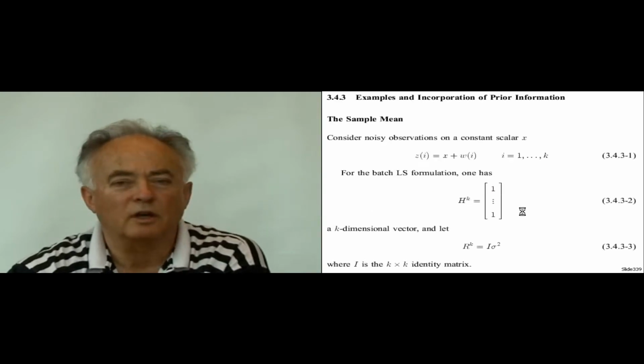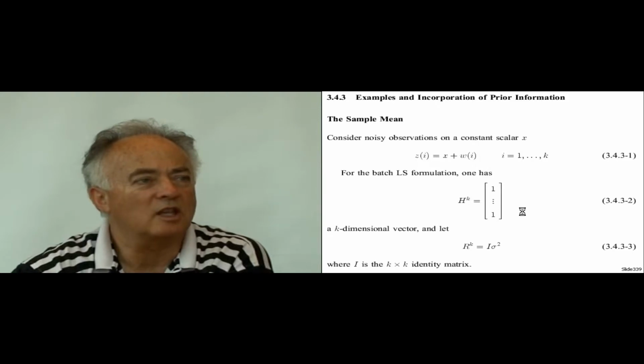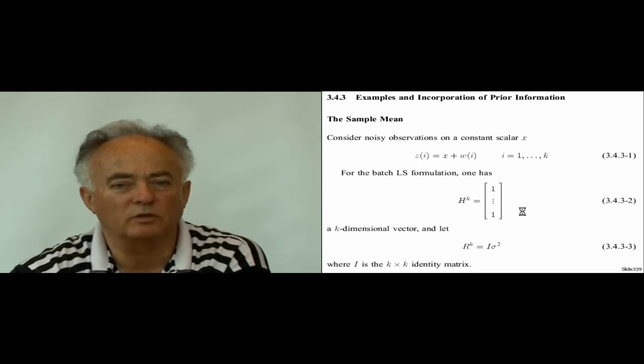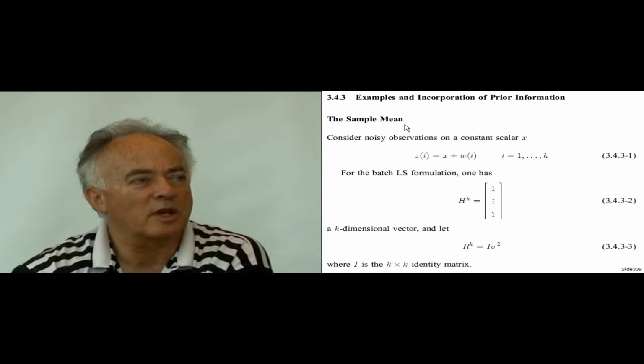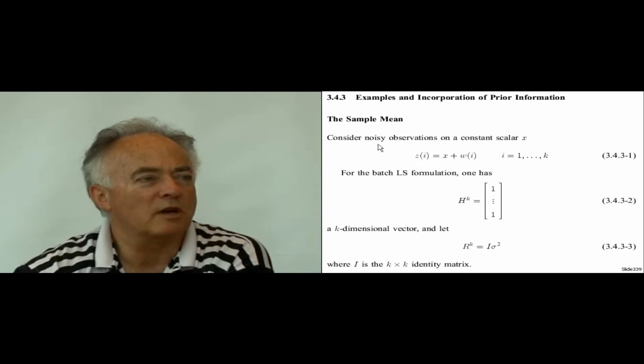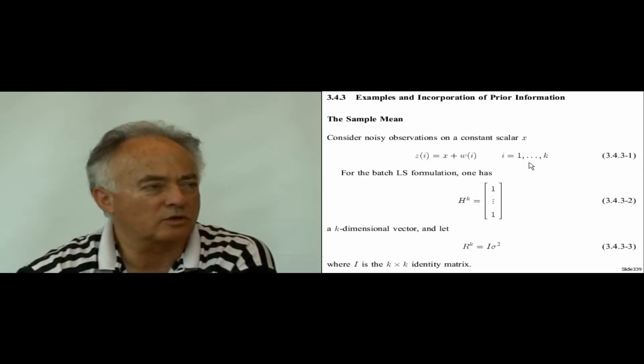Okay, we can use the least squares and incorporate into it prior information. The way to do it is as follows. We go back to the simple example of the sample mean, where we have noisy observations of a constant scalar x, z i is x plus w i, k such observations.